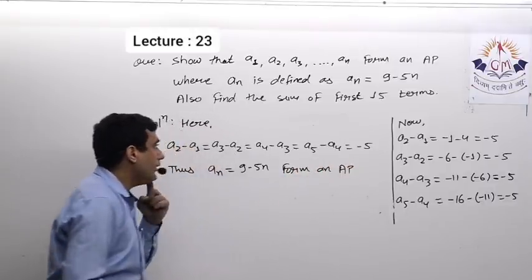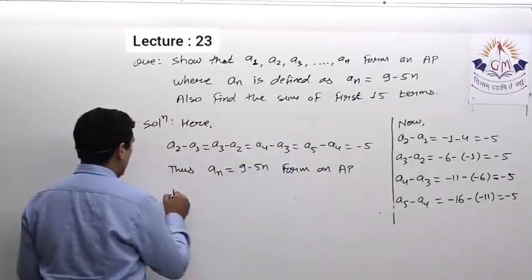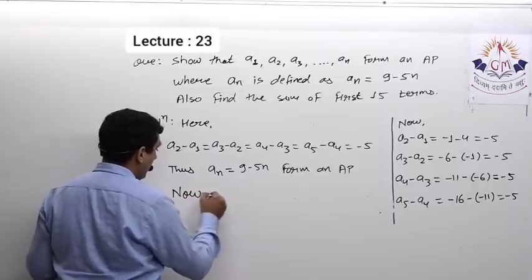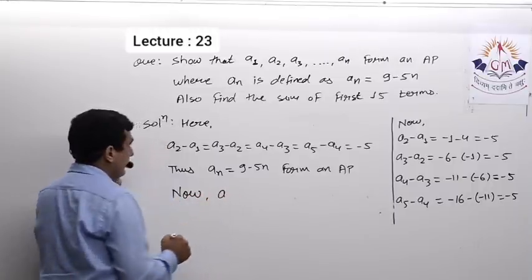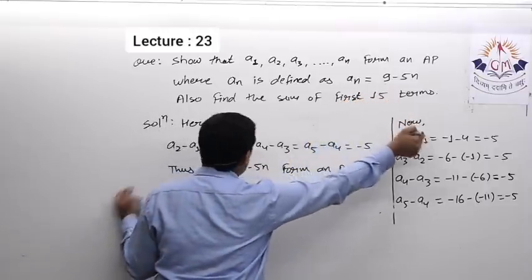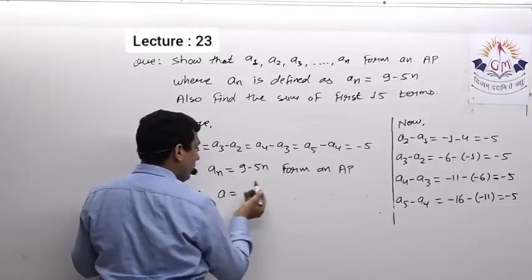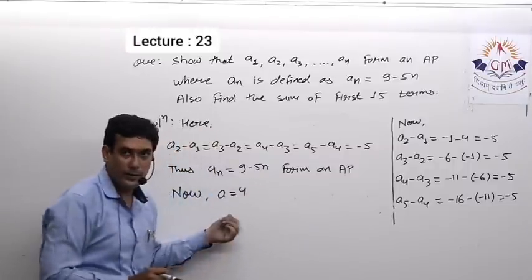Now next we have to find the sum of the first 15 terms. So first term, we know what a1 was. When I obtained a1 it was 4. So a1 or a is 4. A1 means the first term, and a is again the first term.